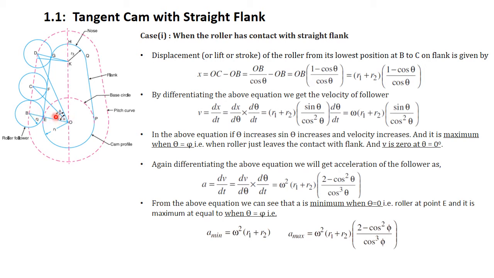Now OB is the minimum or the lowest position of the follower, and it moves up on the surface of flank, and when it reaches C, it attains some displacement, and the difference of this length, that is the difference of OC and OB, is nothing but the displacement of the follower, right?